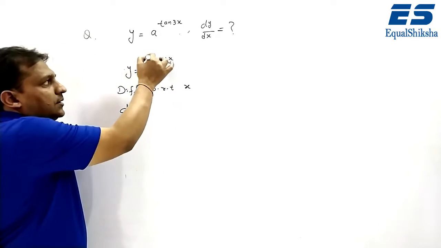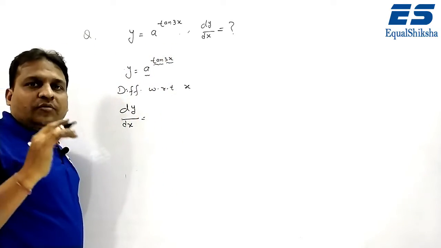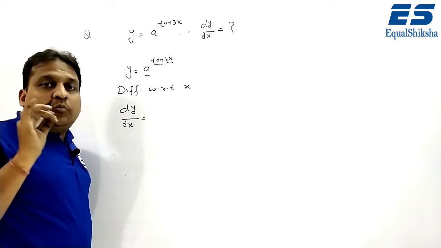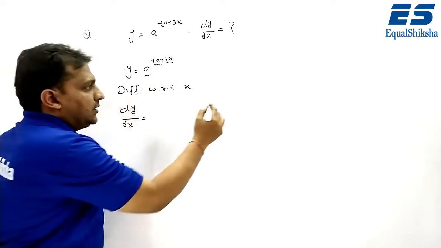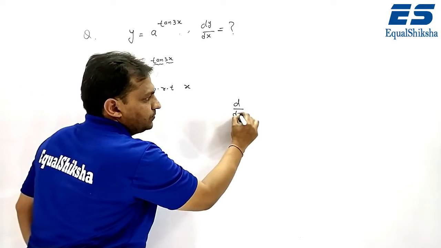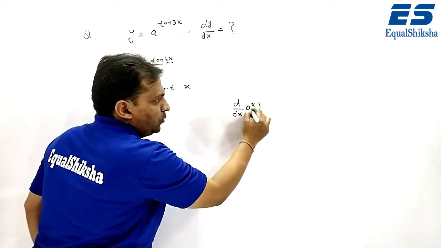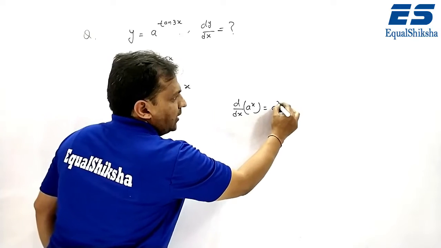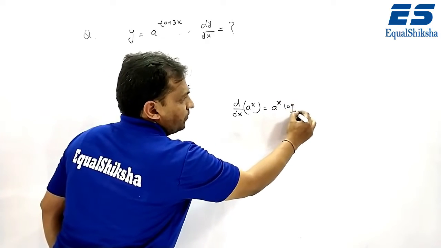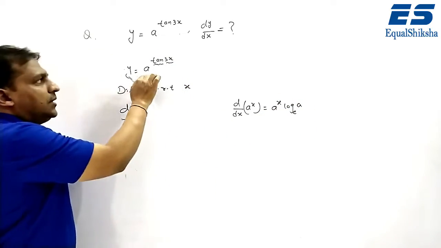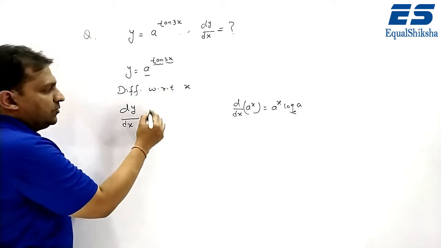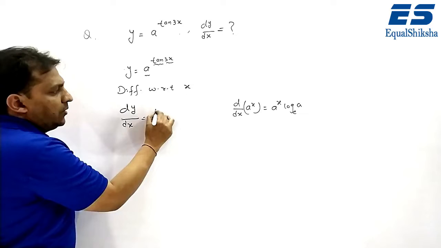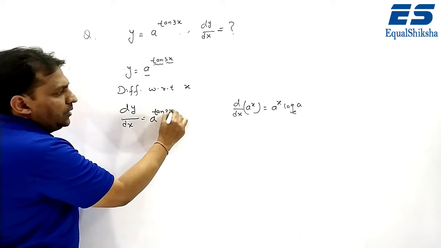Here for a to the power tan 3x we consider tan 3x as an x. What is the differentiation of a to the power x, beta? a to the power x log a, and here we consider tan 3x as an x. So the differentiation will be a to the power tan 3x into log a.